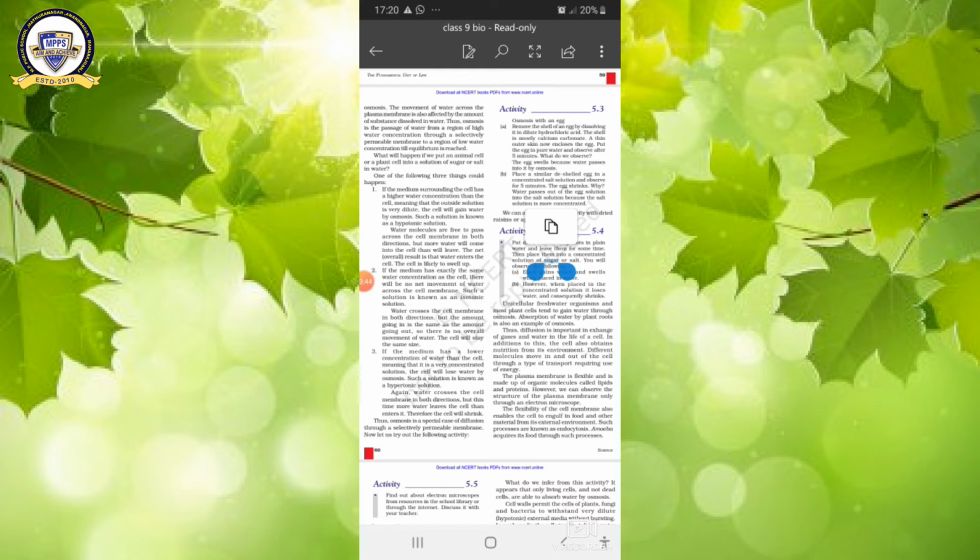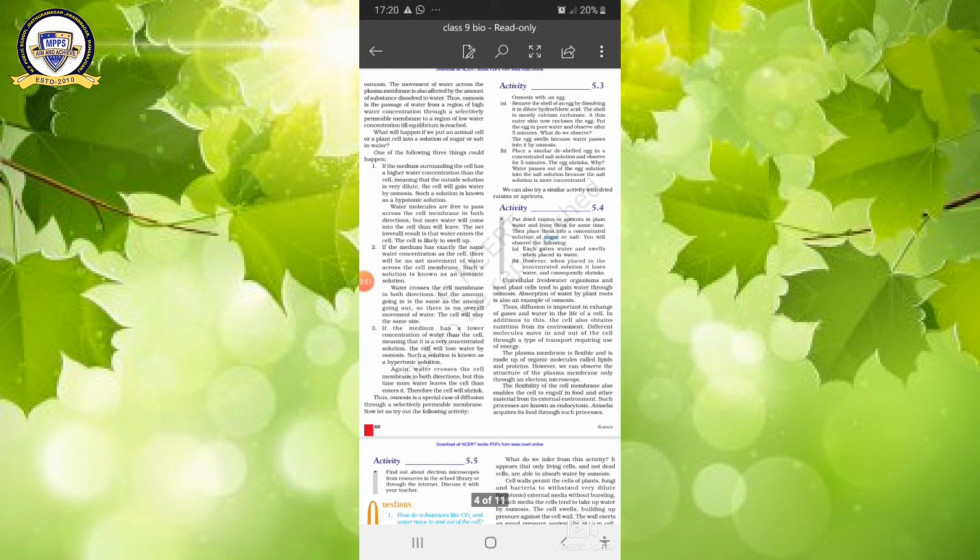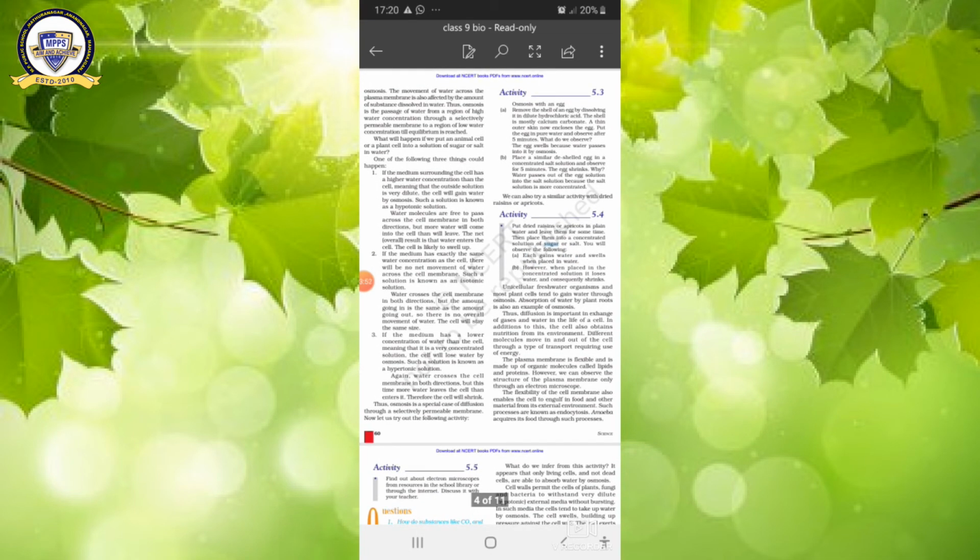In addition to this, the cell also obtains nutrition from its environment. Different molecules move in and out of the cell through a type of transport requiring use of energy. The plasma membrane is flexible and is made up of organic molecules called lipids and proteins.